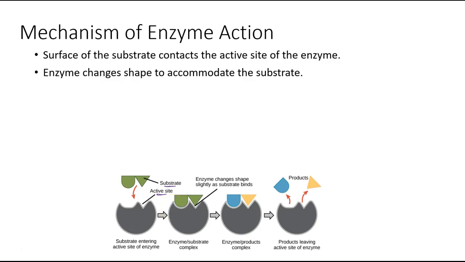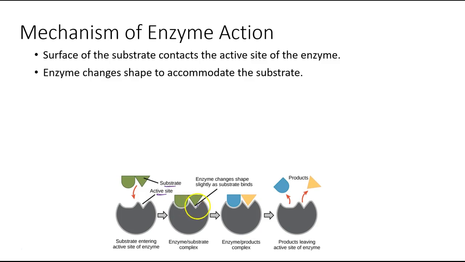We call that the induced fit model, which is slightly different than the lock and key hypothesis, which says one lock has to fit one key specifically and exactly in order for the key, in this case the substrate, to work correctly.